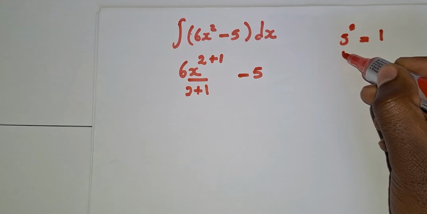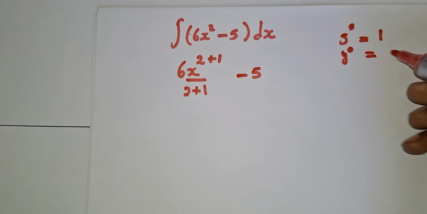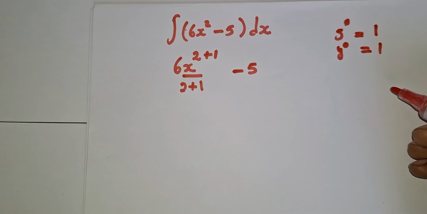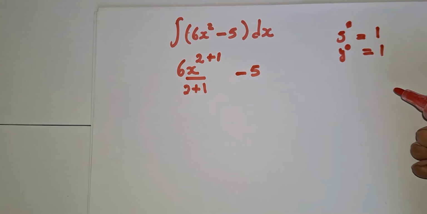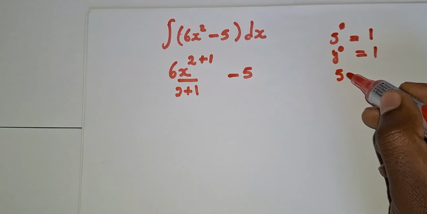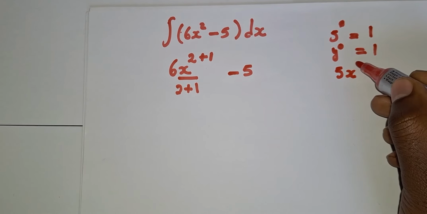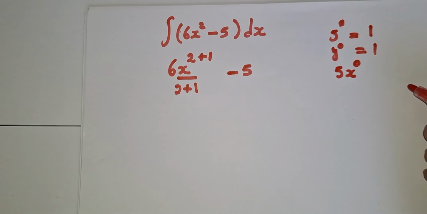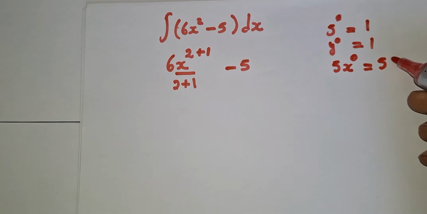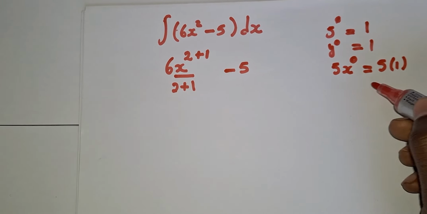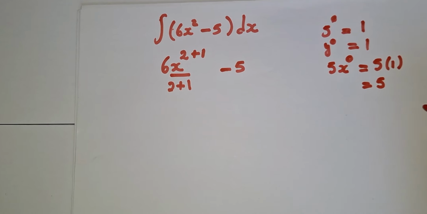If we have y to the power 0, it is equal to 1. So the answer is always 1, which means we had 5x to the power 0. It will give us 5 times 1, which is 5.